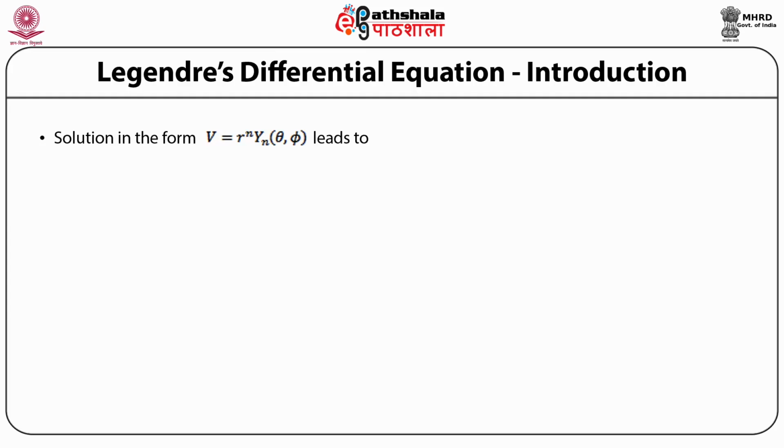Then the equation is 1 by sine theta multiplied by del by del theta of sine theta del Yn by del theta, plus 1 by sine squared theta into del squared Yn by del phi squared, plus n into n plus 1 into Yn is equal to 0.